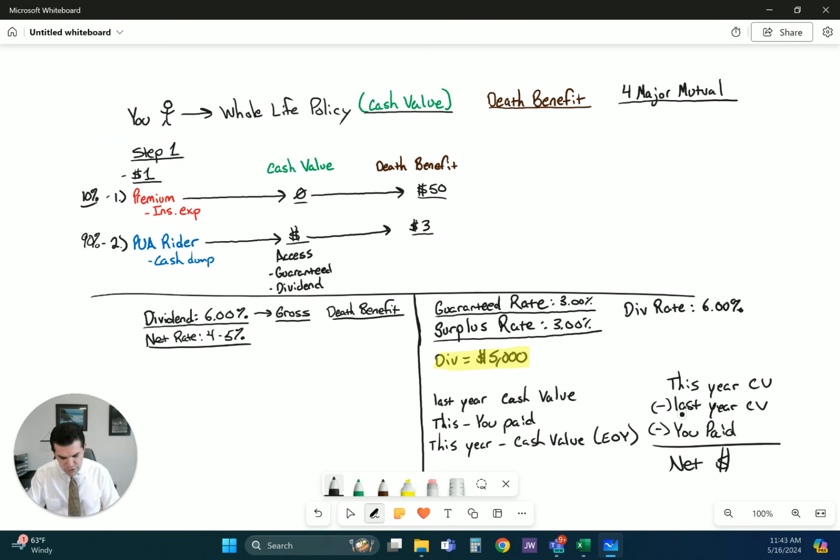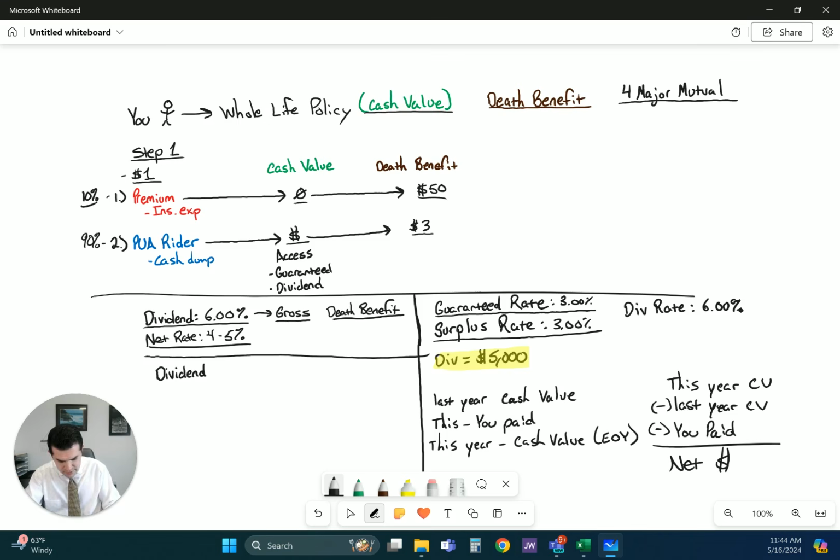The last thing I want to hit on here, because this question does come up, is when I receive a dividend, because on your annual statement in your online account, you're going to see your dividend received for every policy year, except for the first year, because dividends usually are not paid in year 1.